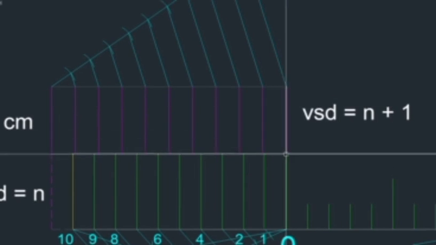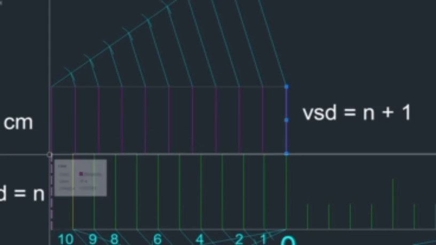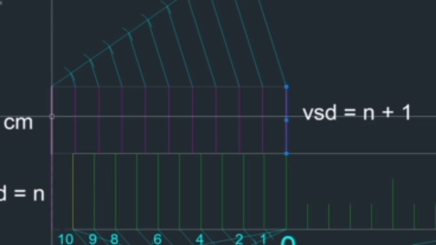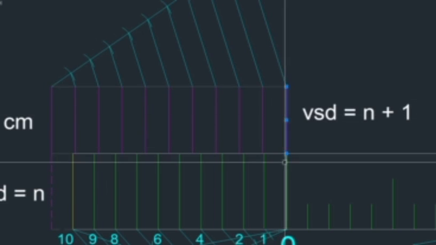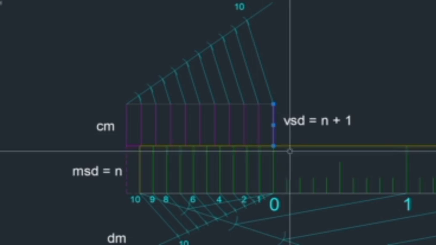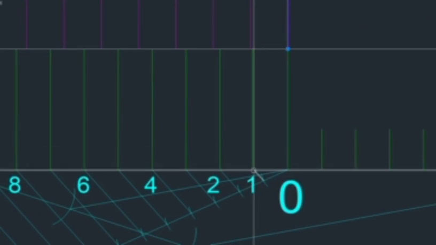From here to here is 10. I am taking one more unit, so that is 11 units. This 11 units I am dividing into 10 only. So my division, that is my unit, is now this is 0.1. Okay, now here this is 0.11.